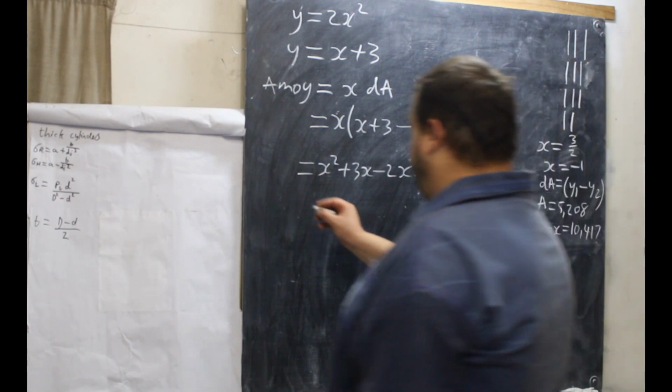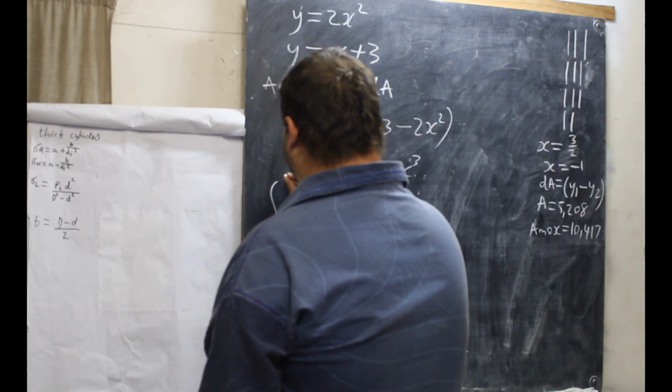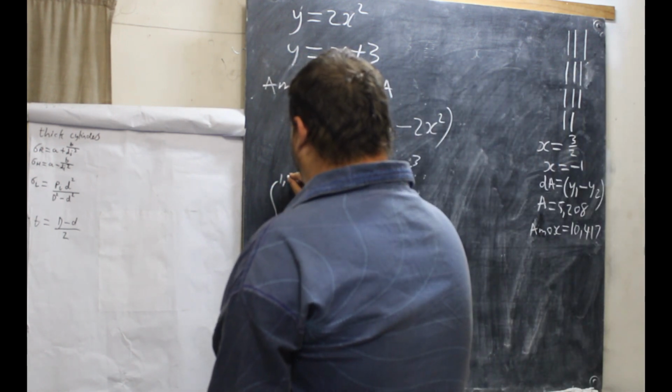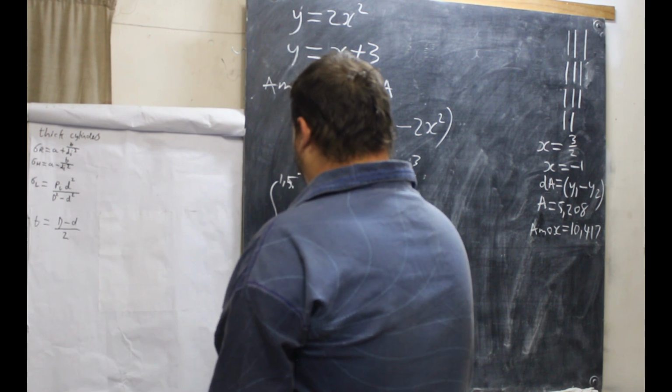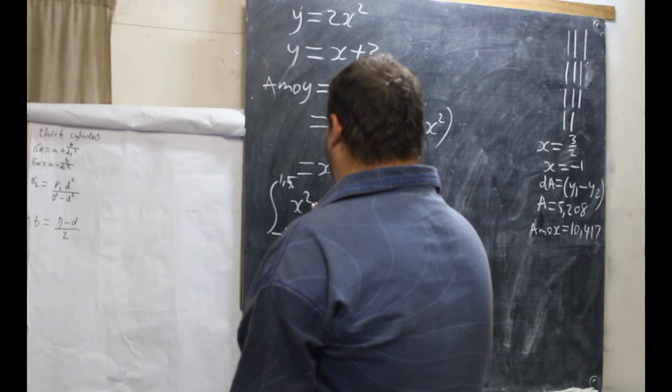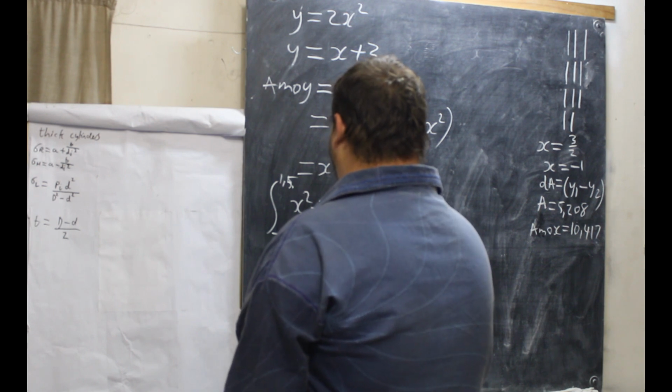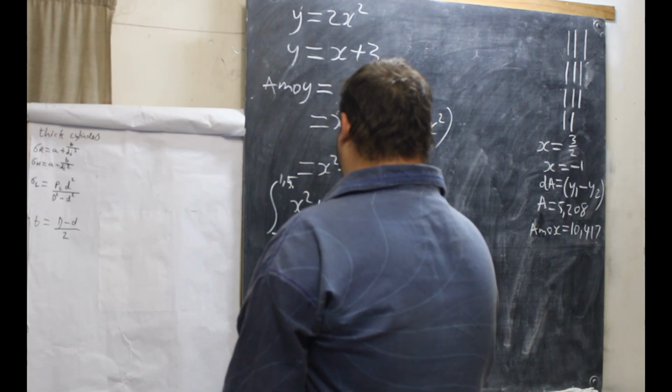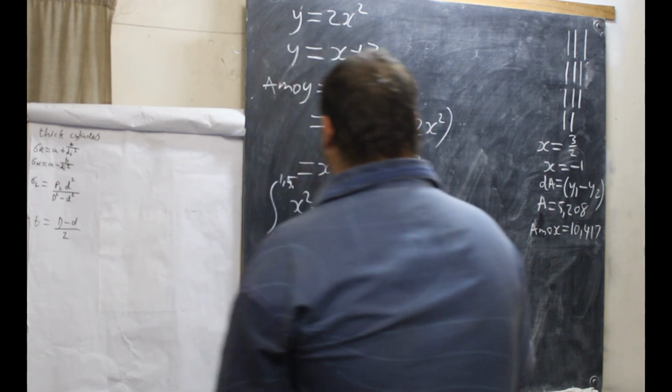So integrate from 1.5 to minus 1. So x squared plus 3x minus 2x cubed.